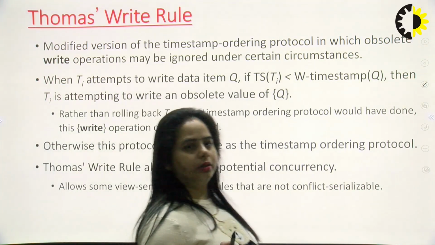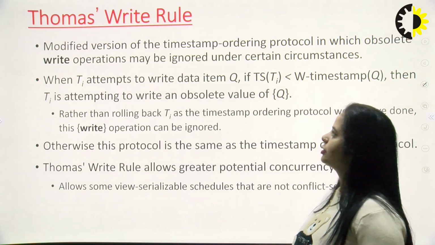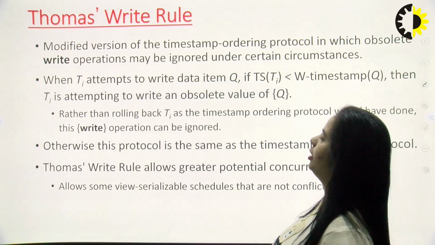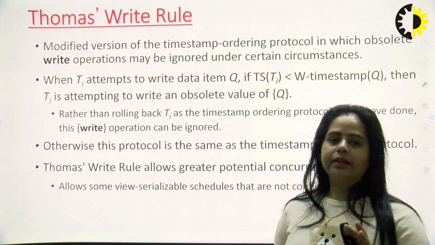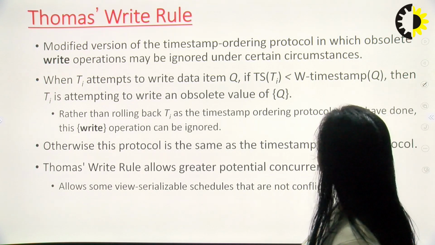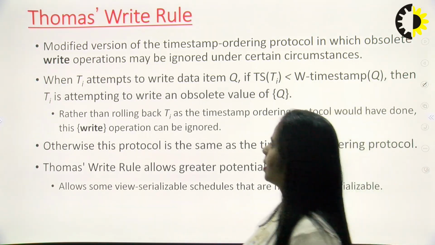Let's take the points one by one. It is a modified version of the timestamp ordering protocol in which obsolete write operations may be ignored. Only obsolete writes, that is, the value written by a blind write operation under certain circumstances.